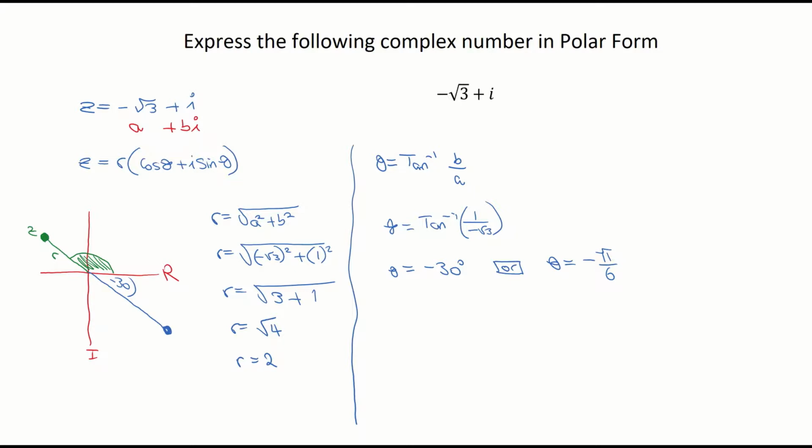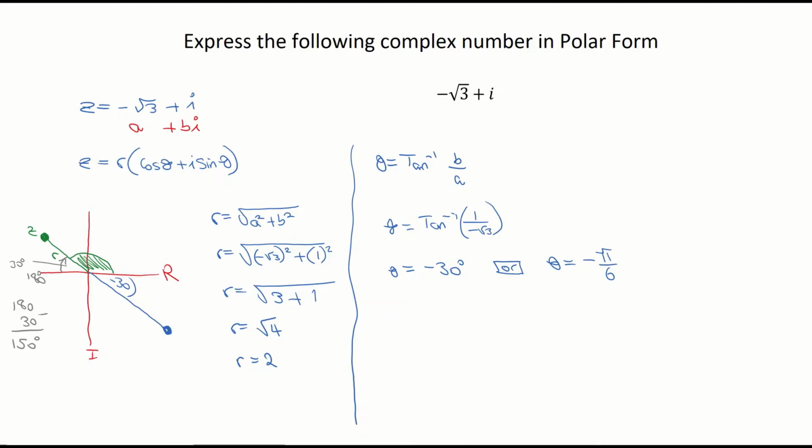And you can probably see from my diagram that it's 150 degrees, because this angle in here is also going to be 30 degrees. Basically what I'm doing is going back 30 degrees from this real axis, which is 180 degrees. So if I go 180 degrees minus 30, it'll bring me back to 150 degrees. And that's basically what I want to find.